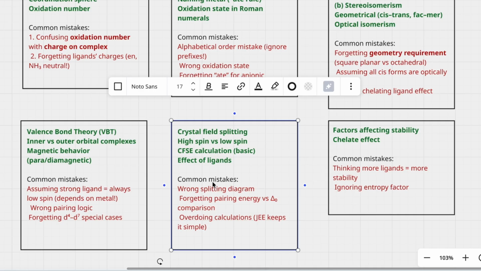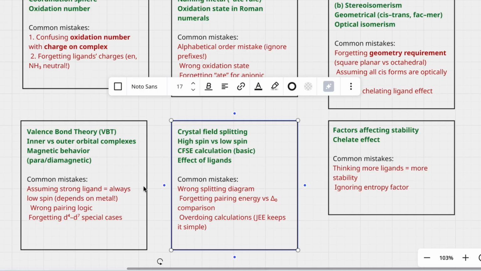Don't forget to calculate the pairing energy, and be clear with the delta energy and the pairing energy. This should be clear with practice. The more you practice the numericals, the more you make the energy diagrams, the better you will be.